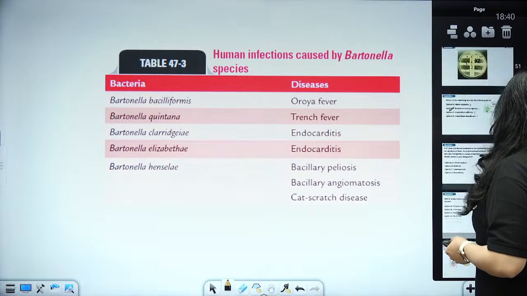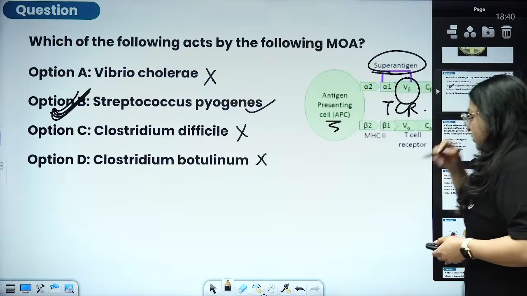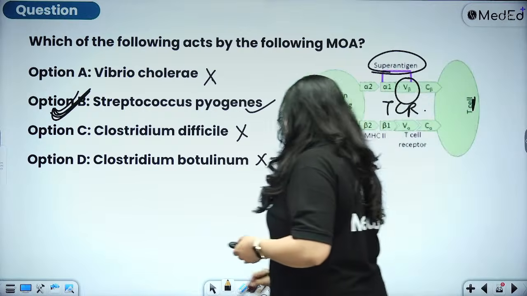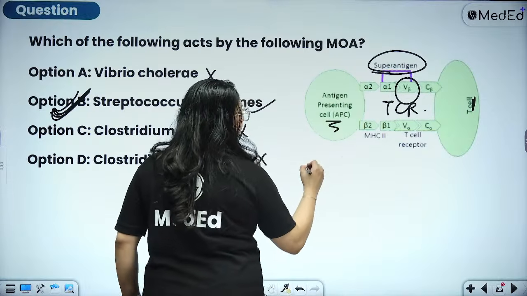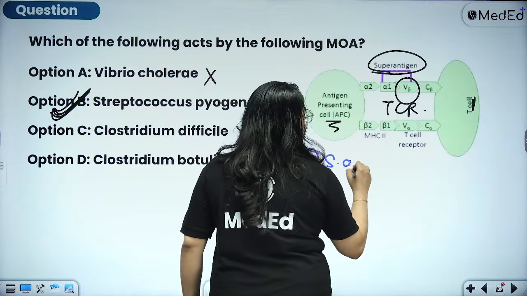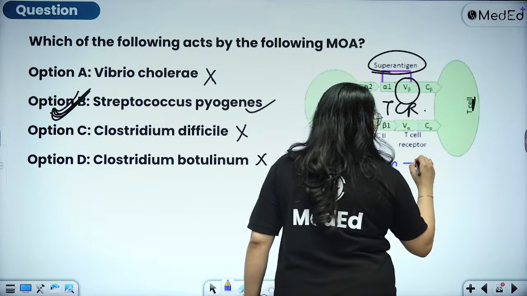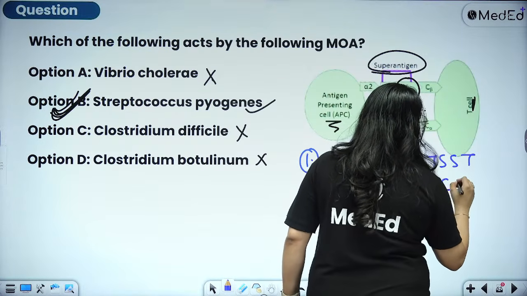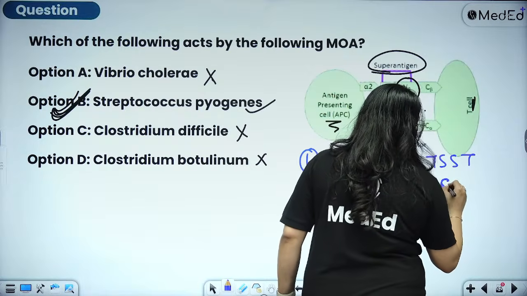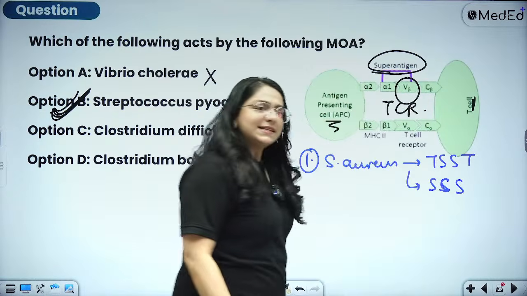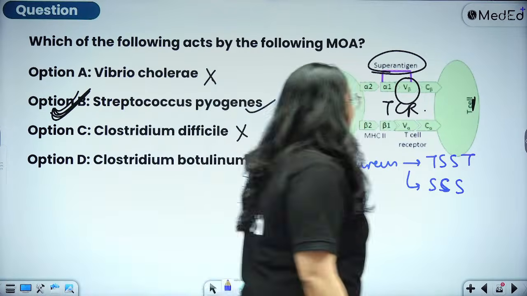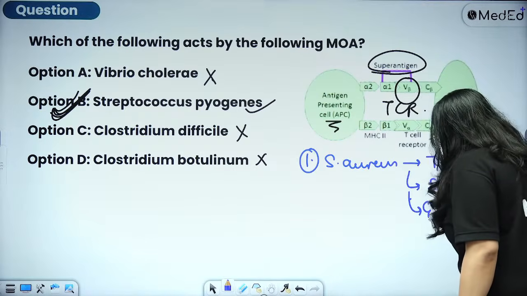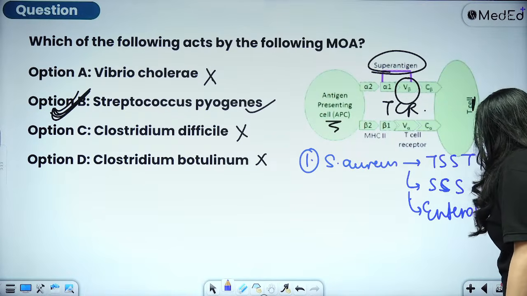Fine, no problem, we can write and remember. So what are the ones responsible for super antigens? Come on, give me the list. You have Staph aureus. And what of Staph aureus? The toxic shock syndrome toxin, the scalded skin syndrome toxin, the TSST, the SSS, and the enterotoxin for food poisoning. They are all super antigens.